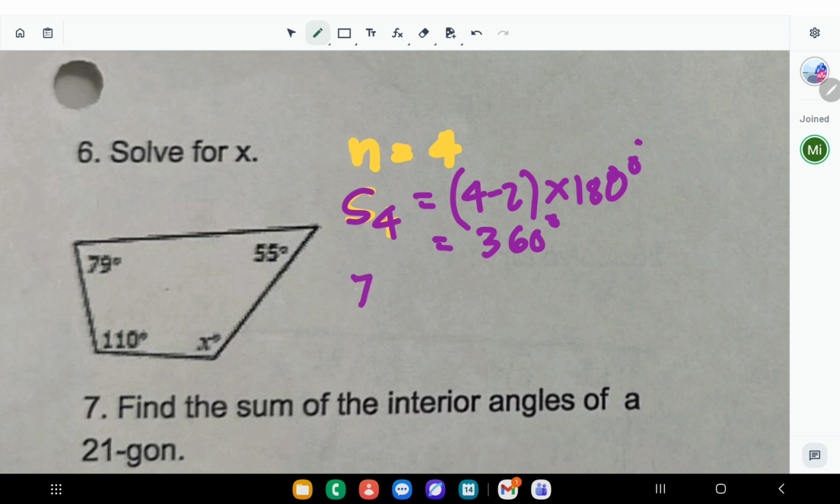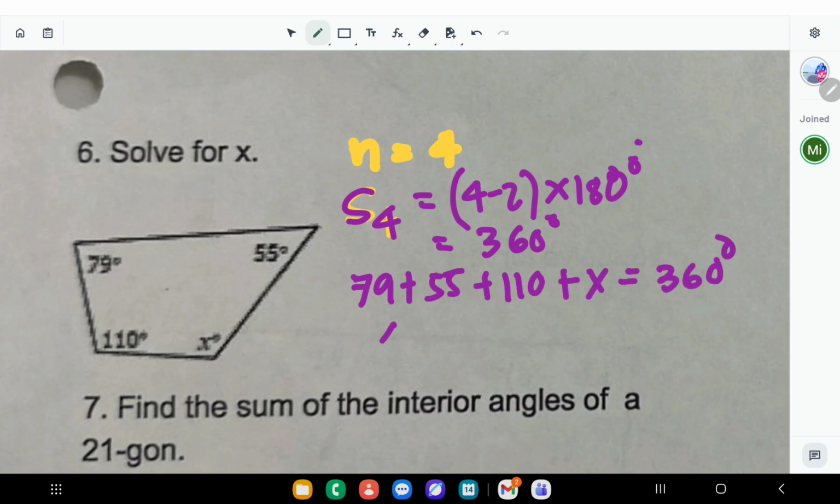So 79 plus 55 plus 110 plus x is equal to 360. So x is equal to... what is the sum of these? Okay, 244.